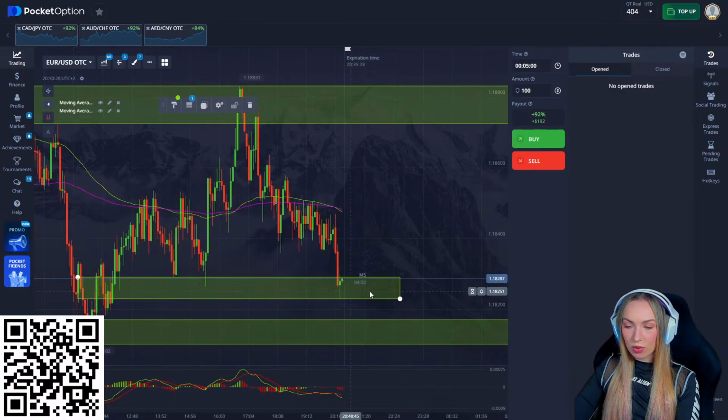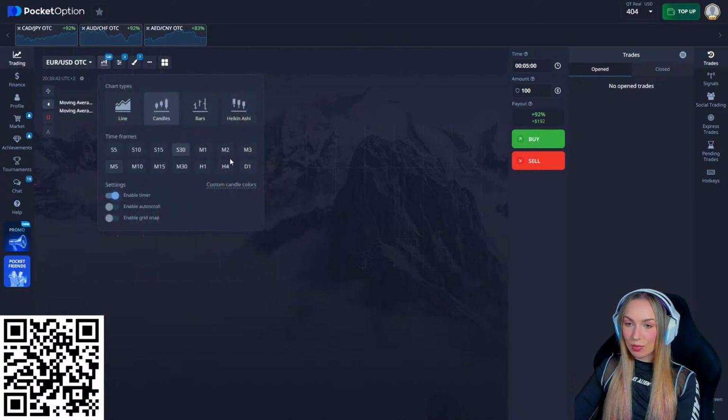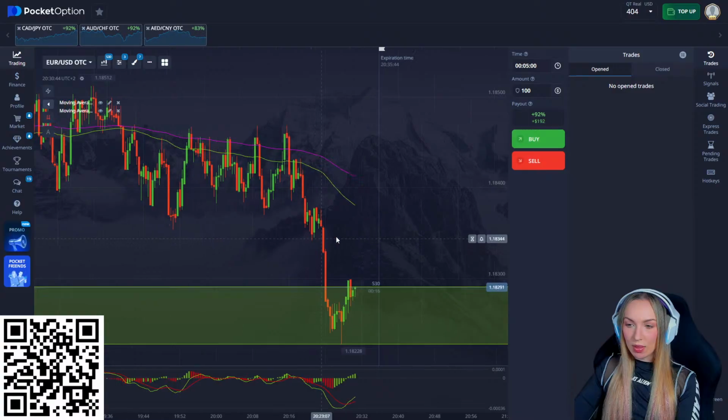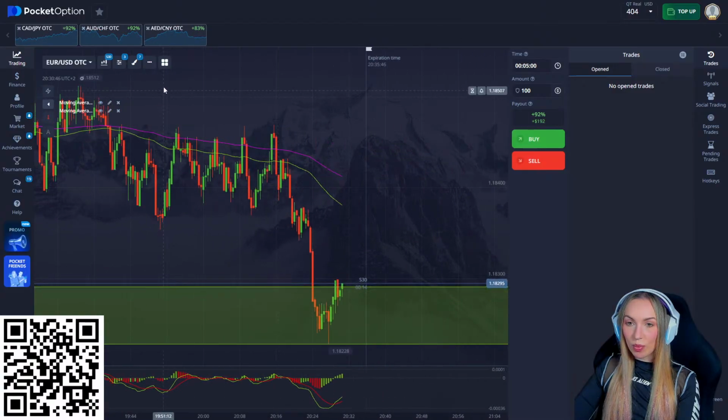Because if not, what is that? Look, we have here touch, here touch, here touch, and also here right now. So maybe everything is not that simple, and maybe there is actually a good signal to open the trade right now in the upward direction.